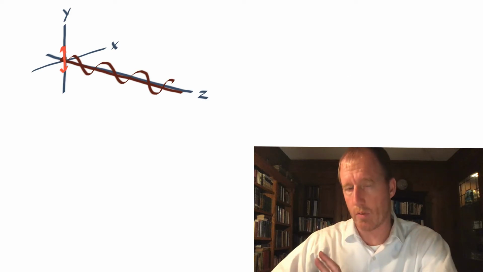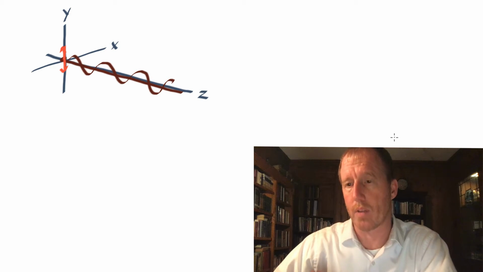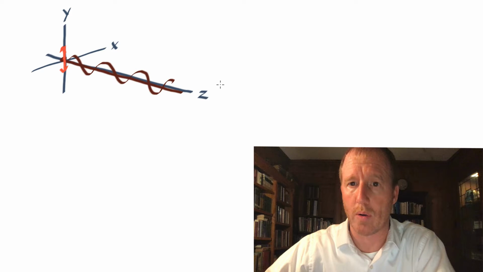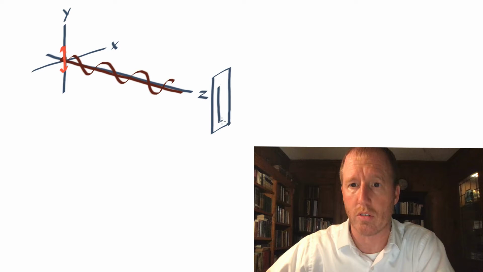Now, just to give you a sense of how this might be filtered or blocked, you might imagine we take this string and pass it through a cardboard sheet. Imagine we have a cardboard sheet like this, and we cut a slot in it like this, and we pass this string through that slot.